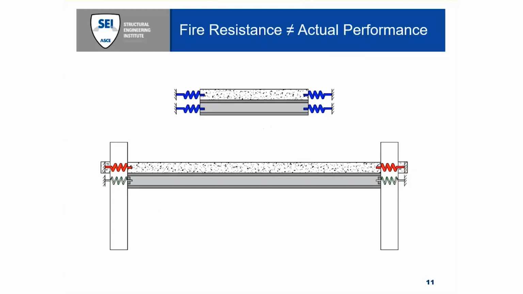In a furnace test, a steel beam and concrete slab would be restrained equally at each end. In actual building construction, the beam and slab usually have varying conditions of restraint. Also, the restraint provided by a furnace bunker is an order of magnitude stiffer than actual building construction.